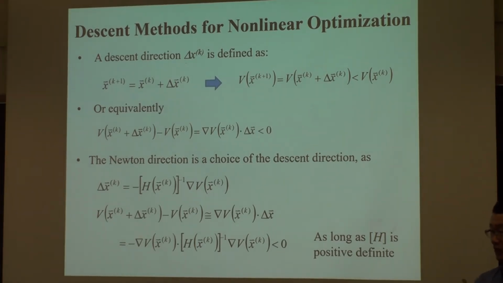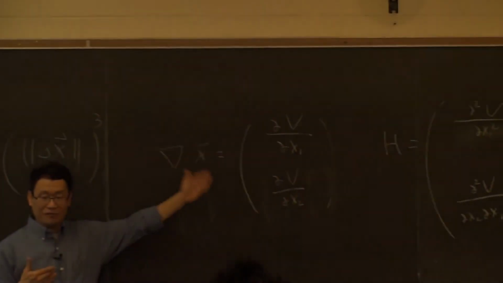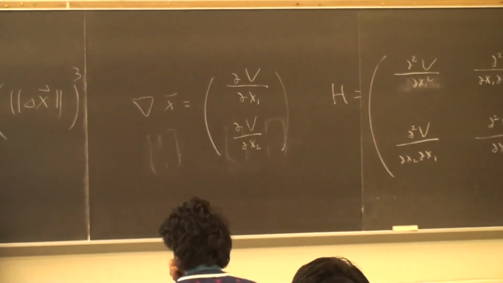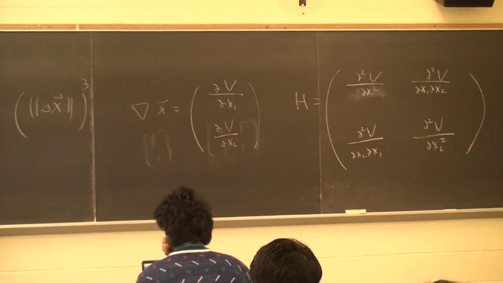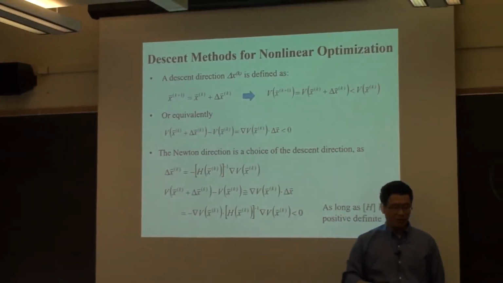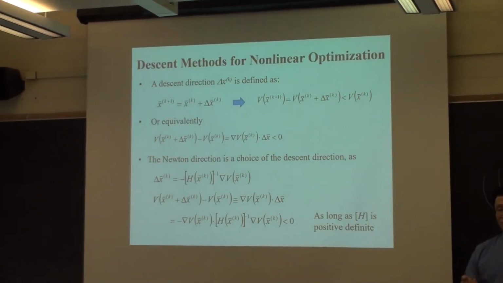That is the question you ask yourself. Newton's direction is a guaranteed descent direction, but it is difficult to get because you have to compute the inverse of the Hessian times your gradient. Too difficult. So you ask yourself, what is the easiest descent direction you can get?